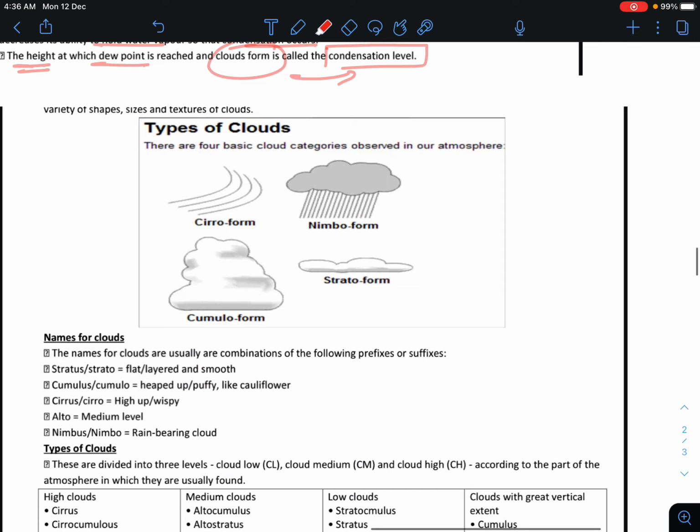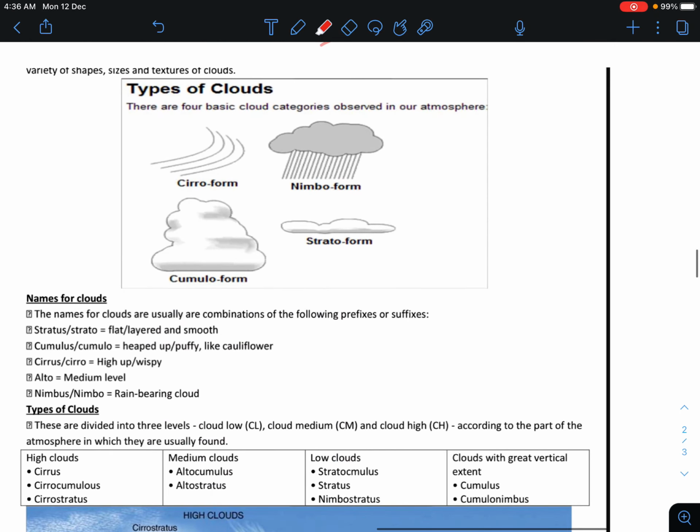Now we will study the types of cloud. There are four basic cloud categories that are observed in the atmosphere.